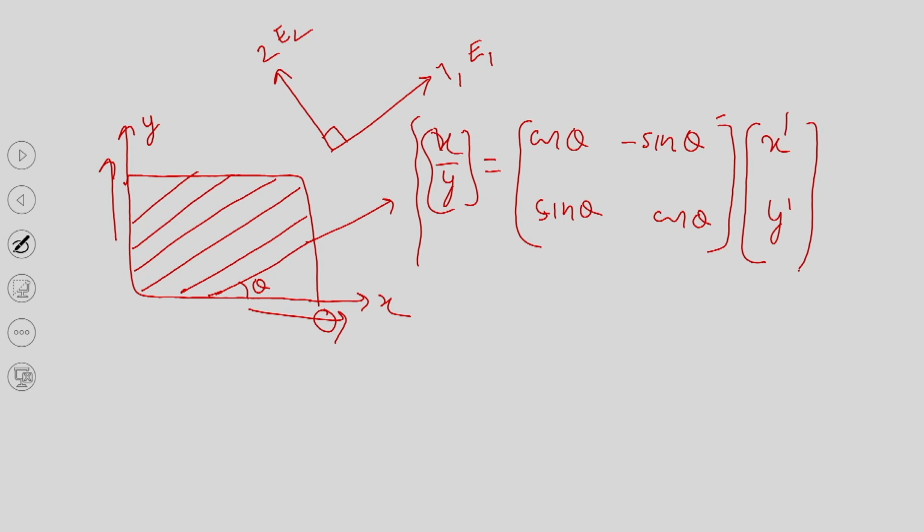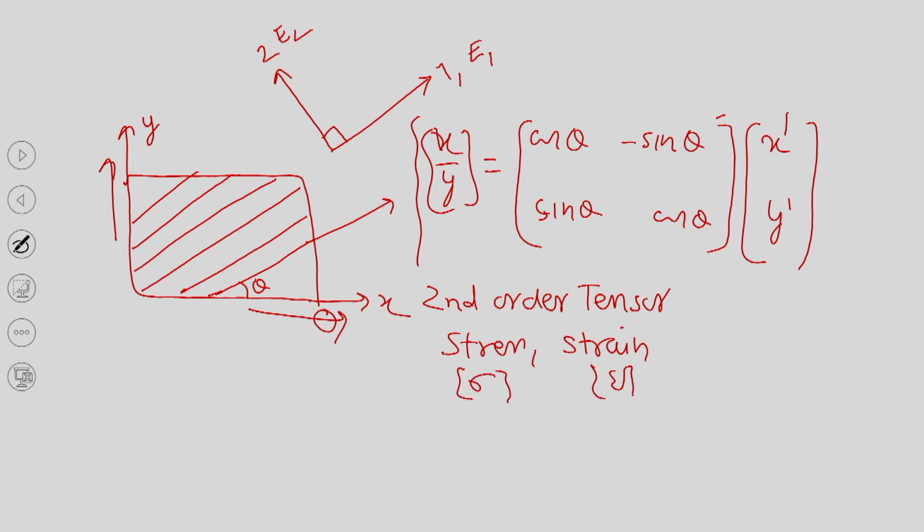But if you are talking about a second order tensor, like stress or a strain, sigma, sometimes we call these matrix entities, matrix components. So, how do you transform this?